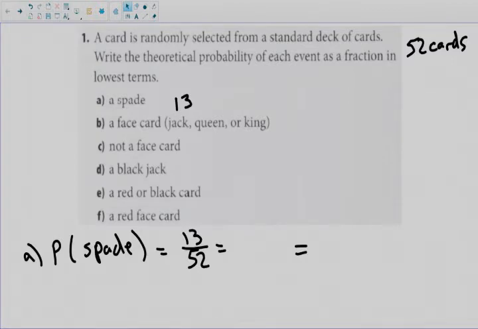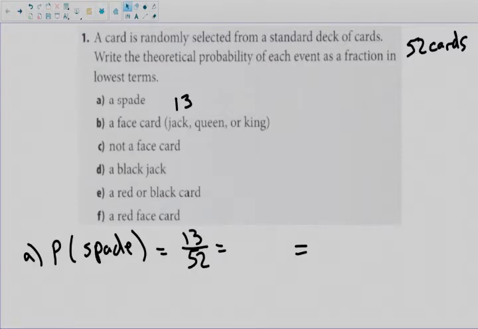So the 13 out of 52, as we mentioned the other day, you can think of this as there are 13 spades out of 52 cards in the deck, but the spades count as one suit out of 4.